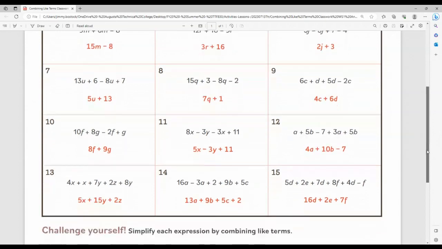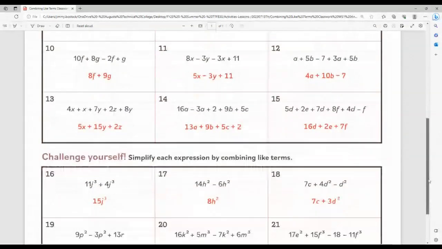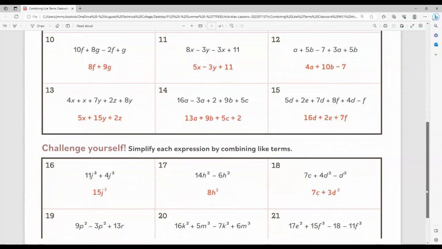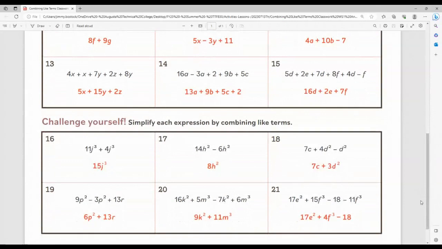All right, I'm going to scroll down some more, let you see into the challenge problems. And now the last ones.